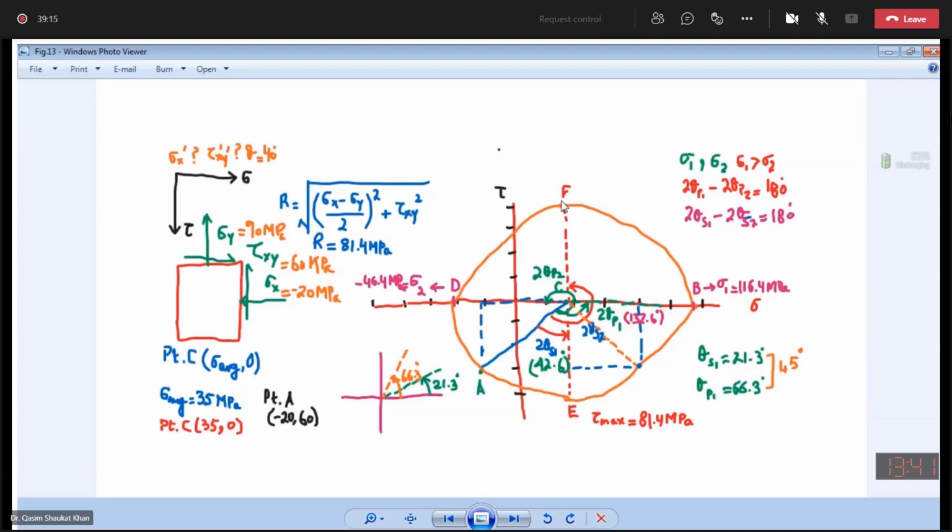F is basically your minimum value of the shear stress. We can directly get the maximum value of the shear stress, which is 81.4 megapascals, exactly equal to the radius.